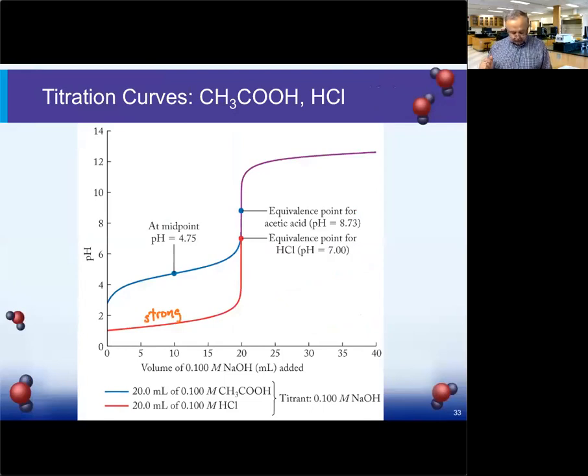If we have a strong titration, so strong acid, strong base, the only thing that is going to be relevant is the endpoint being at pH 7. This is HCl and the titrant is NaOH, which is a strong base. So we have a strong base here being added and a strong acid, which is the analyte.